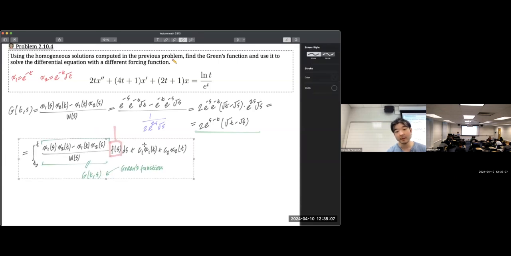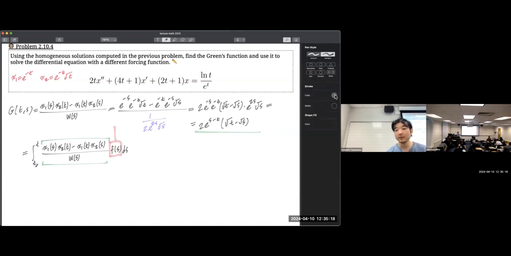Just so that there's not a lot of clutter, I'm just going to compute this integral, which is the Green's function. So basically, this goes in here. Okay, just drop this. The only thing that's changing is this f of s.